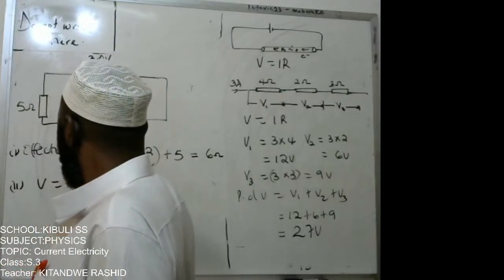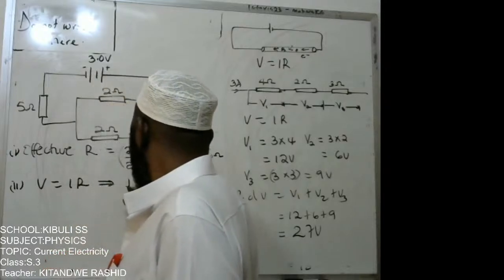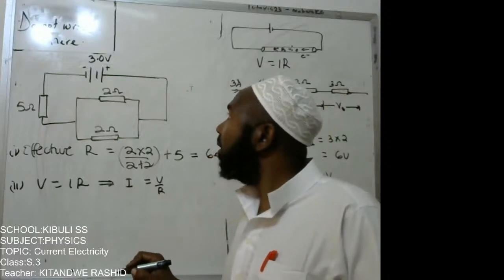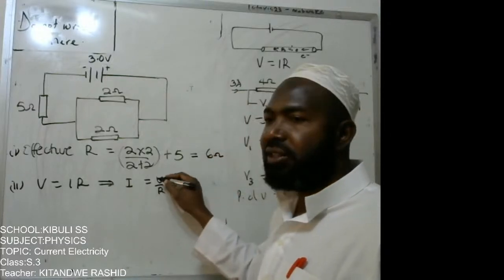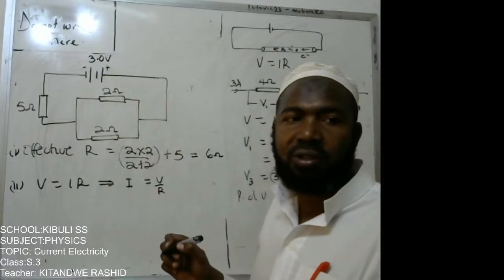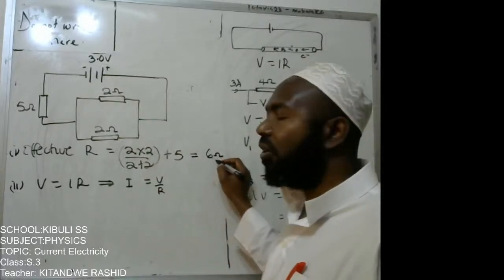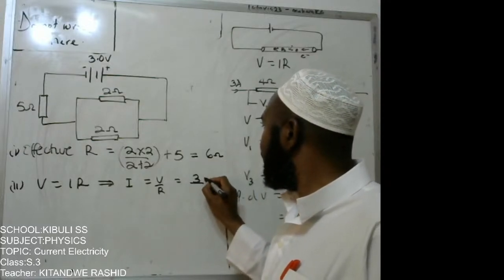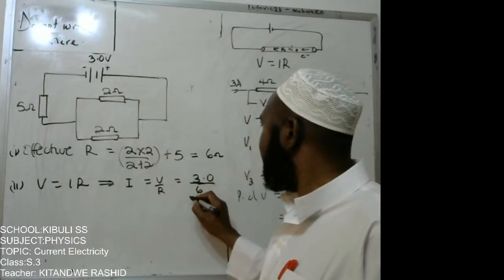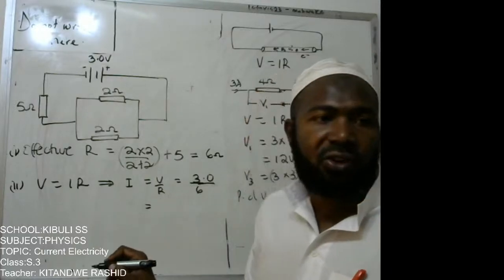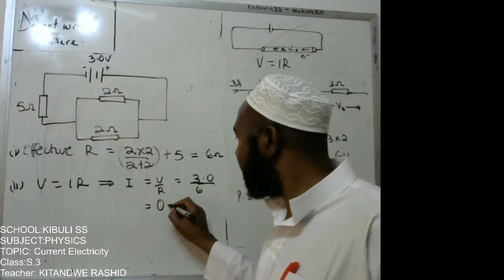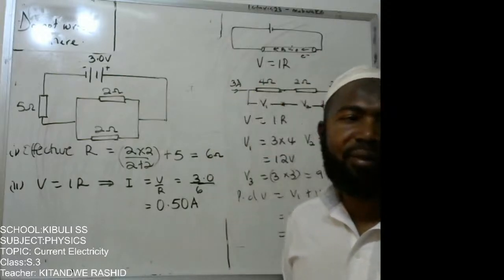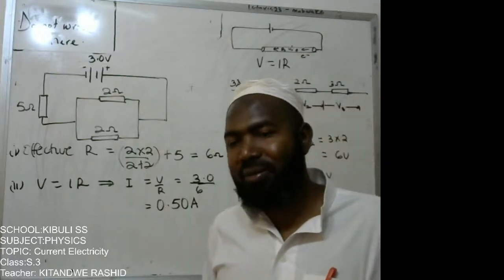V is equal to IR, meaning I is equal to V over R. The total voltage is actually the EMF, which is 3 volts, and the total resistance, you have already got it as 6, so that is going to be 3 out of 6, and the current is going to be 0.5 amperes. 0.5 amperes.